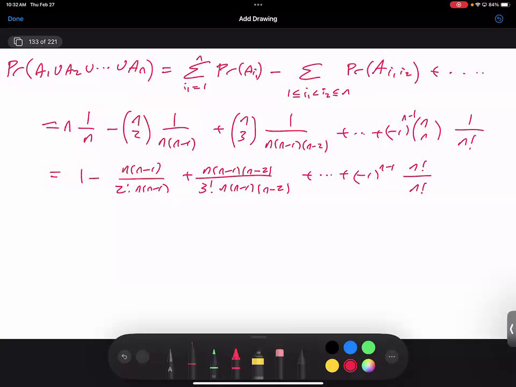And so notice it just becomes 1 minus 1 over 2 factorial plus 1 over 3 factorial minus 1 over 4 factorial plus dot dot dot plus negative 1 to the n minus 1.